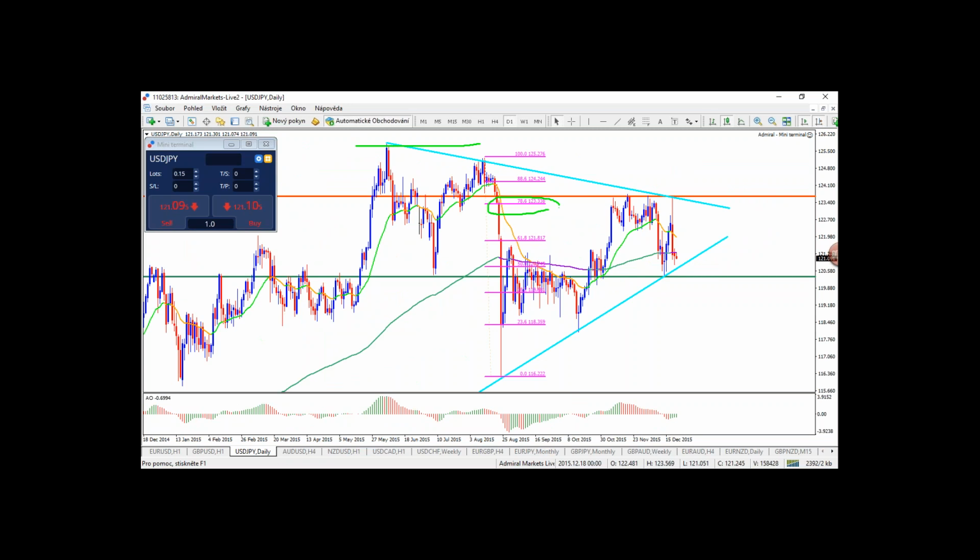It respected the 78.6 fib, so it still has the 88.6 fib, 124.25, 125.25, 125.50. But if it really wants to go up, it will probably respect those, and then be bought on dips and continue upwards.